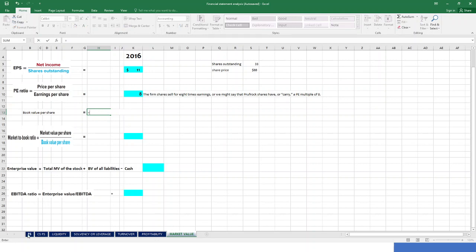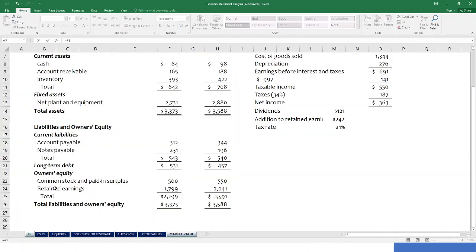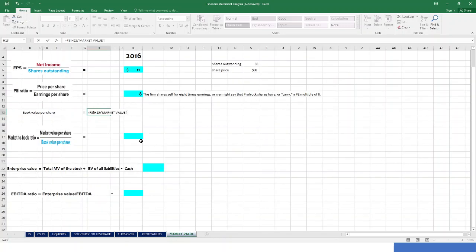If you come here, the total equity, which is this, divided by the number of shares outstanding. That is how we got the book value per share.